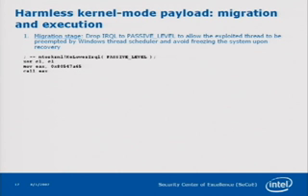It cannot take page faults. It cannot call most of the functions, for example, synchronization functions like sleep and wait for single object, and so on. So the first thing the kernel mode shellcode does is drop its IRQL to passive level.